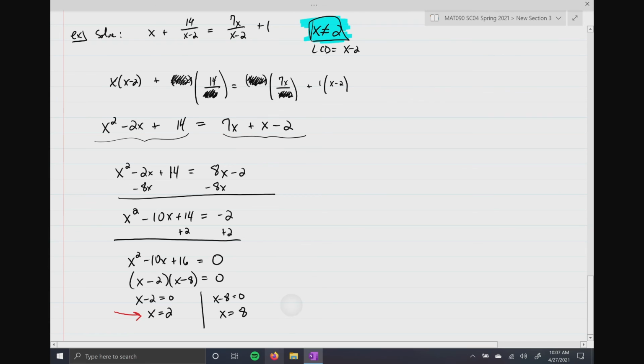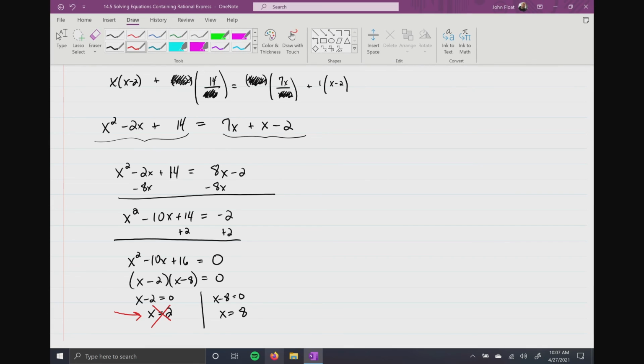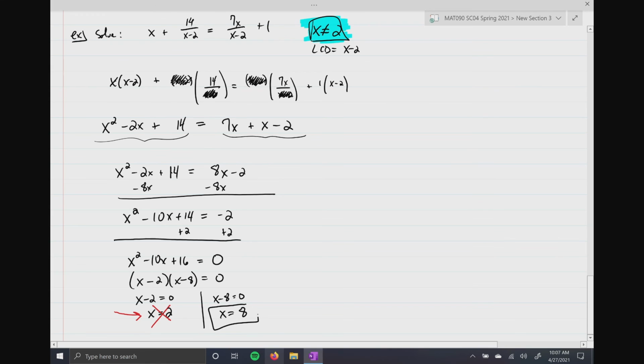So I put a big X through it. There is only one solution for this problem, and that is x equals 8. Does that make sense, everyone? So even though it feels like there's 2 solutions, because it was quadratic, in reality, there's only one. X equals 8.